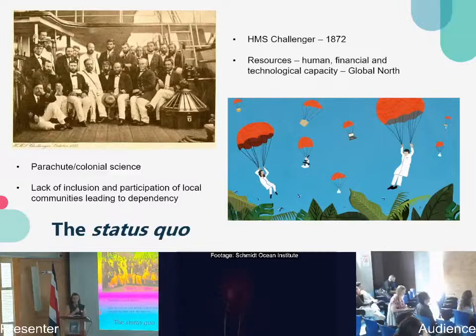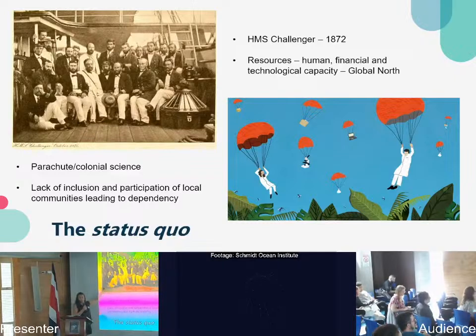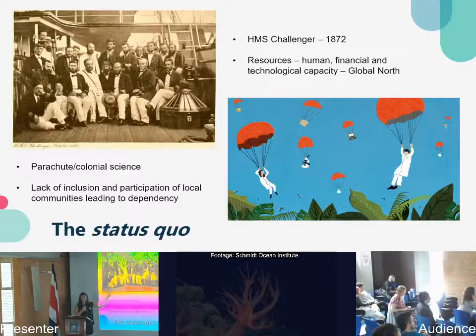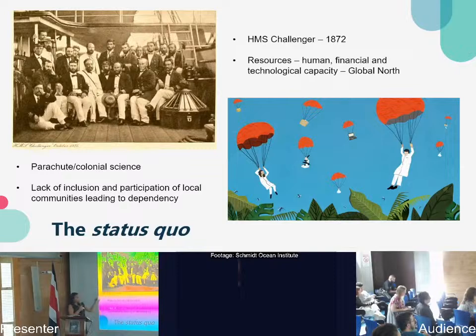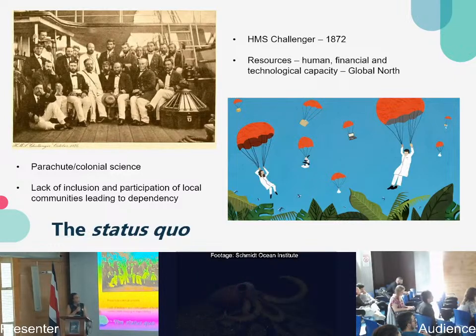Of course, we have changes, thank goodness, nowadays as things are getting better. But the first phases of deep sea research are these, and they have stayed for long enough. These efforts come mostly from global north or developed countries who held, and still hold, the majority of resources, including human, financial, and technological capacity.